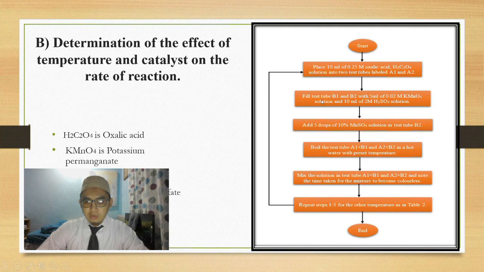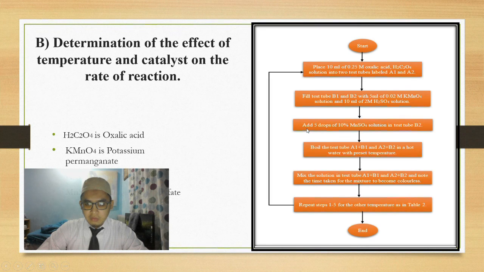Fill the test tubes B1 and B2 with 5 ml of 0.2 M potassium permanganate solution and 10 ml of 2 M sulfuric acid solution.